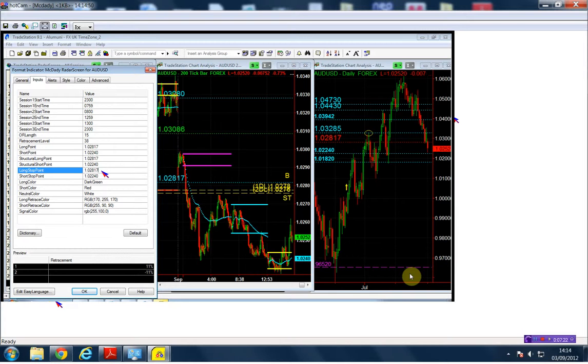On the short side, we're going to go short below 102.24. It is our structure short point, and it is also our stop.